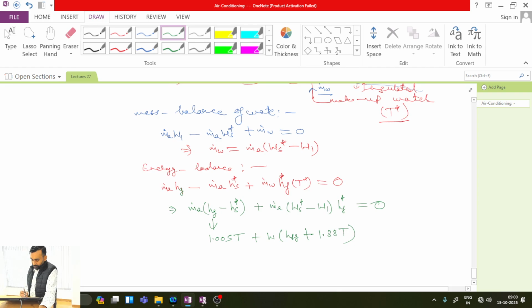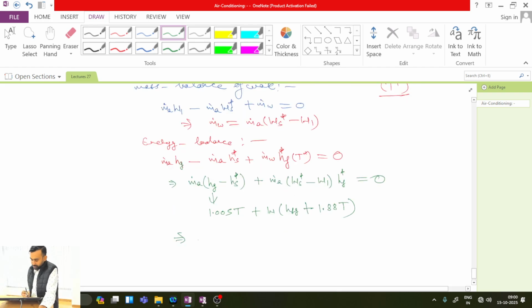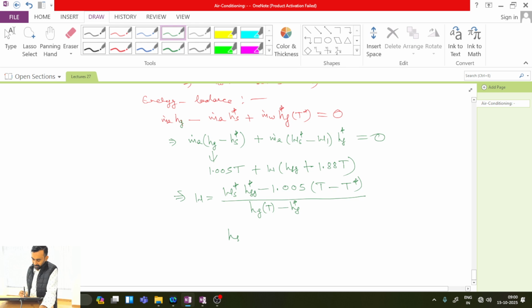Okay. So if I do this substitution and then rearrange, I will find that W is nothing but equal to Ws star into Hfg star minus 1.005 into (T minus T star), divided by Hg at T minus Hf star, and of course Hfg star is Hg star minus Hf star.